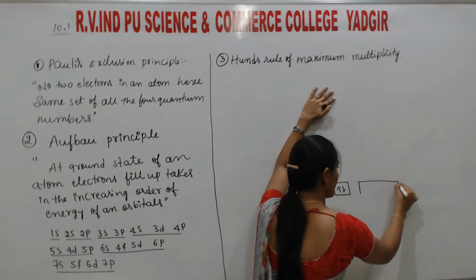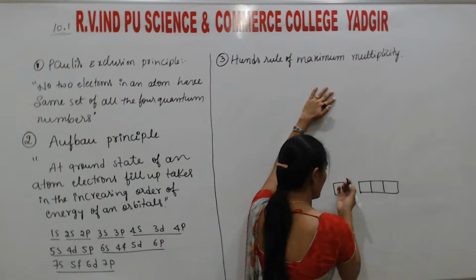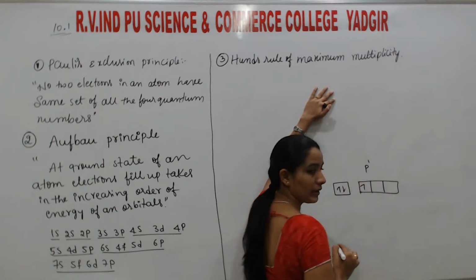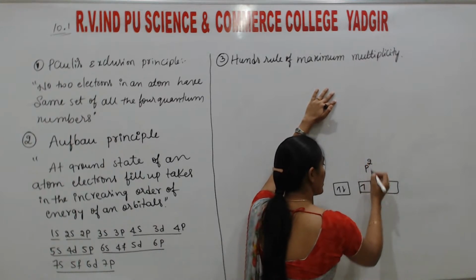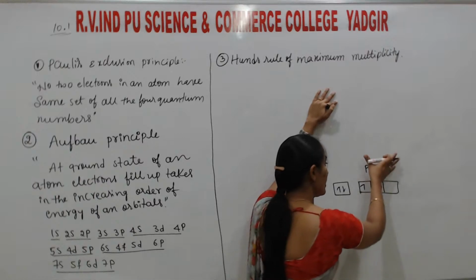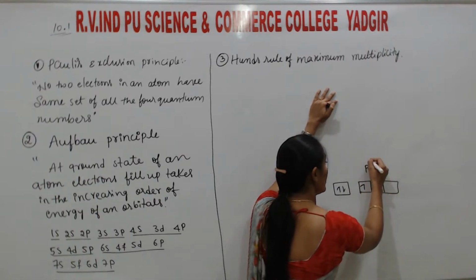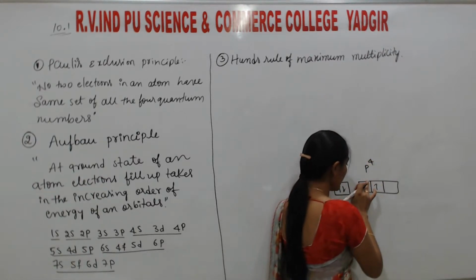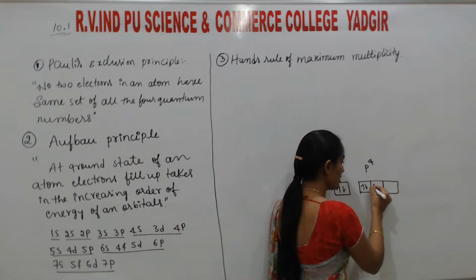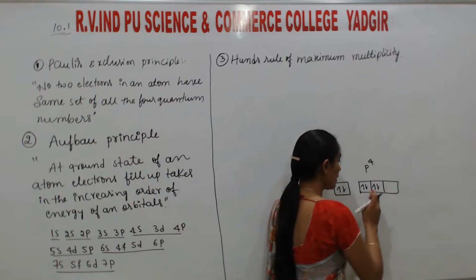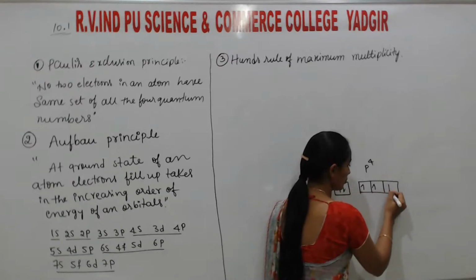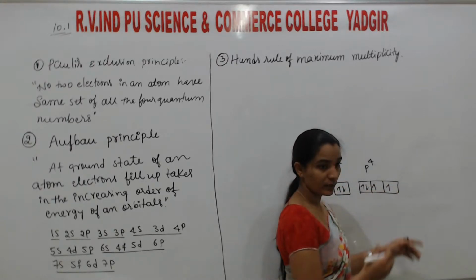If you take the p orbital, if p1 electron is there, then it will fill up like this. If p2 is there, instead of pairing up, we are writing here. If p3 or p4 is there, remember, instead of writing like this, we write like this. Initially, they fill singly, 1, 2, 3, and next this one. This is the correct way of writing.